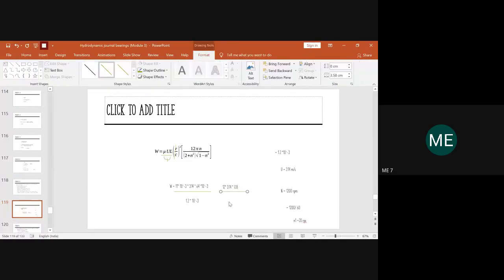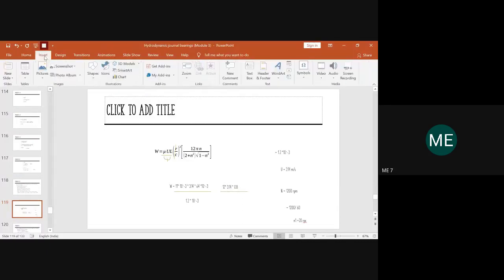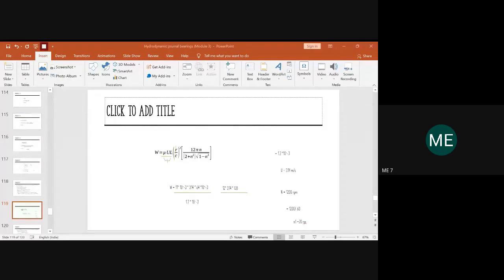Divided by, write the value here, 2 plus 0.8 whole square into root of 1 minus 0.8 whole square. So kindly substitute and let me know the answer for the load bearing capacity, how many units you do get.